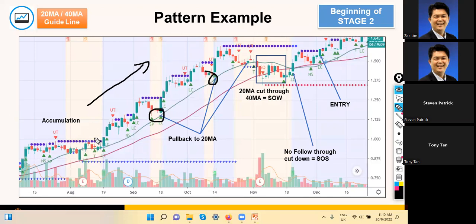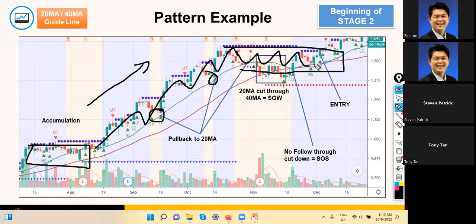Always bear in mind there will be an accumulation. Usually when they go up, they will also come here to reaccumulate or distribute and move out again. If it moves in stages like this, that's the best pattern to ride.